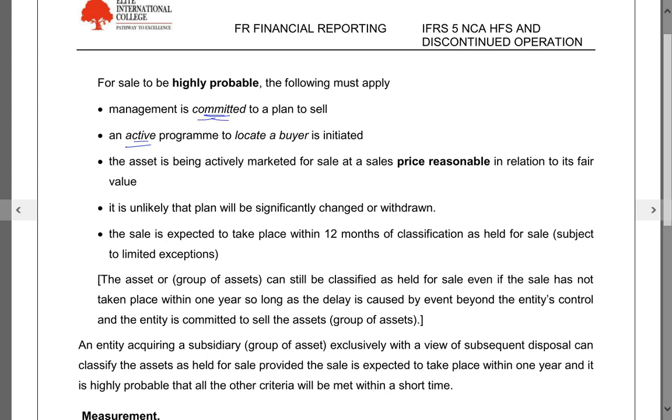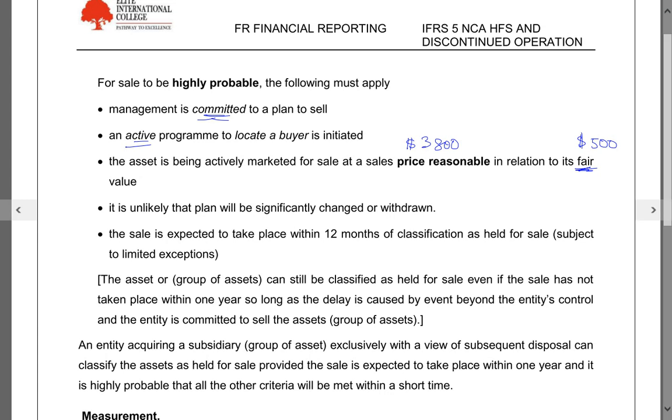Okay, I have committed, I look for a buyer, and the price relates to the fair value, the market value. Let's say this asset is worth 500 market value, and I'm planning to sell it at 3,800. Is it reasonable?